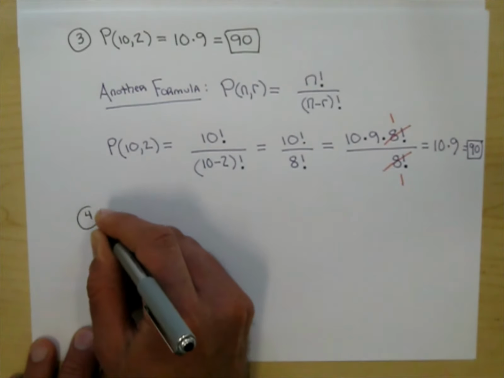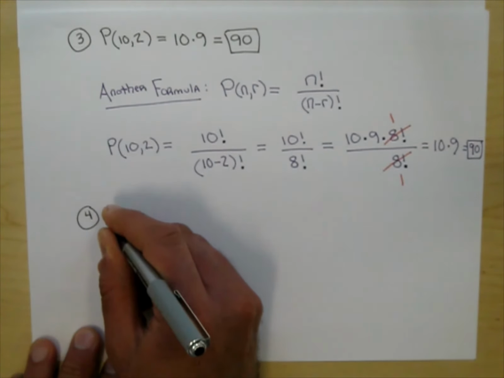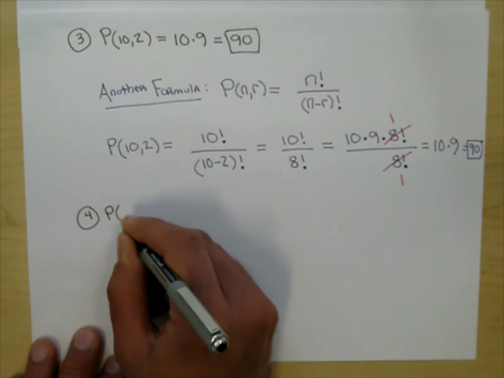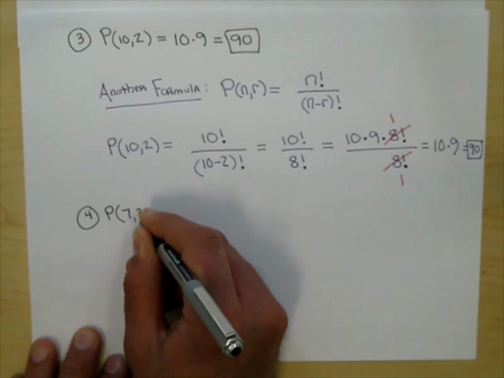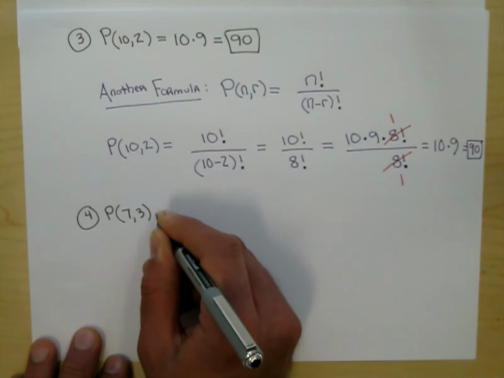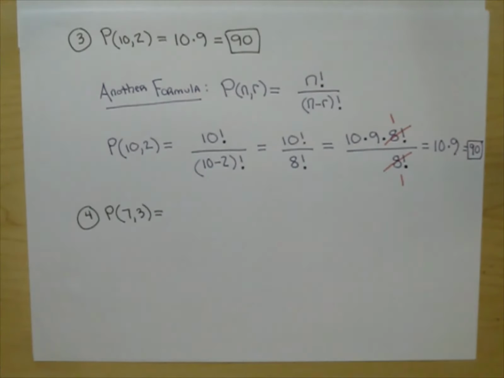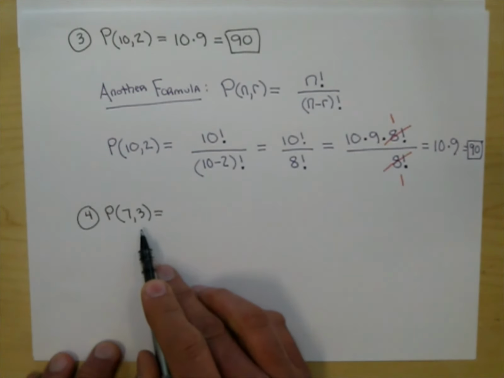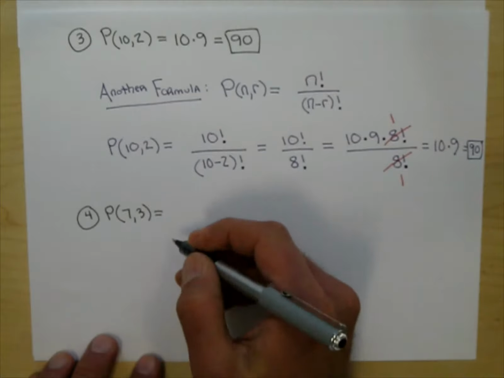Problem number 4 says this right here. 7 pick 3. I'm not going to use the formula. I want you to see if you can do this. Pause the video and see if you can figure out that permutation. 7 pick 3.